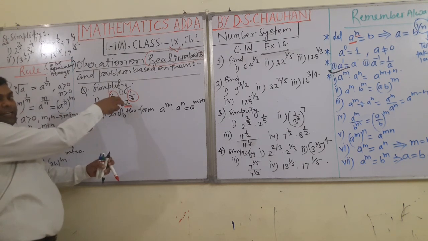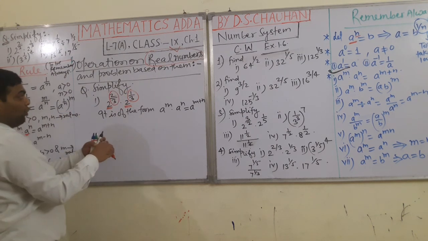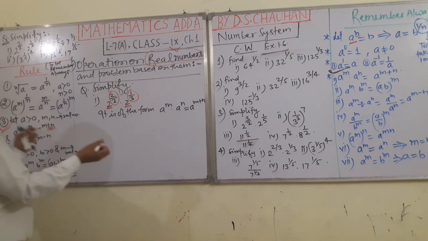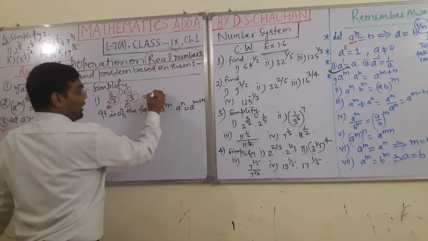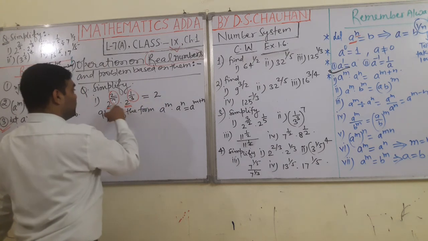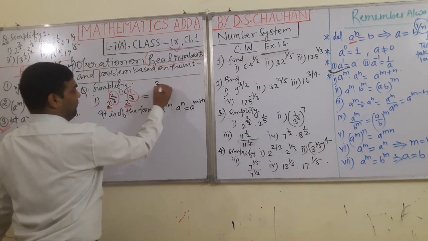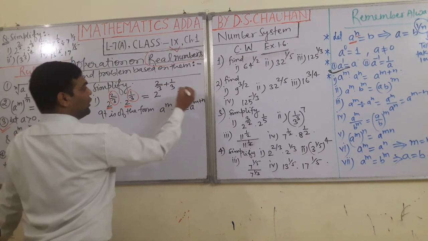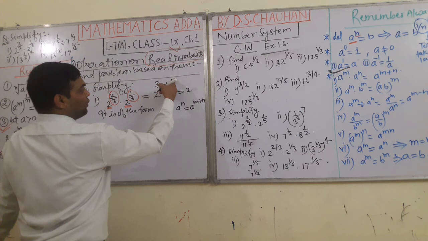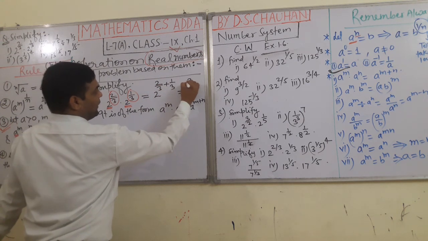So in the solution we write 2 to the power 2 by 3 plus 1 by 3. We get 2 to the power 2 plus 1, that is 3 upon 3.